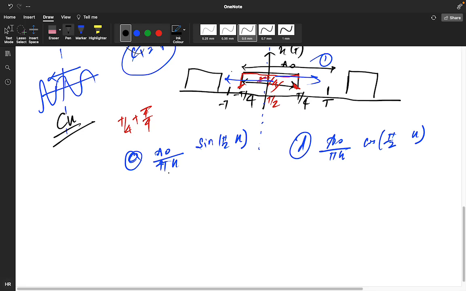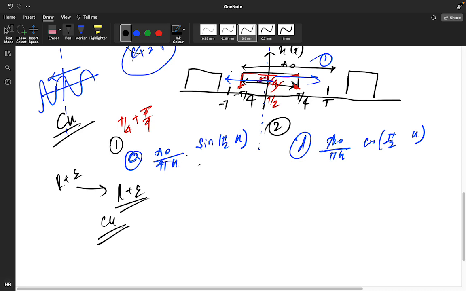Here suppose two options are like this, means you have option 1 and option 2. So if you have a real plus even signal, what kind of ck value will you get? Real plus even only. So which is even? Is sine even? No, this is not even. Eliminate this.